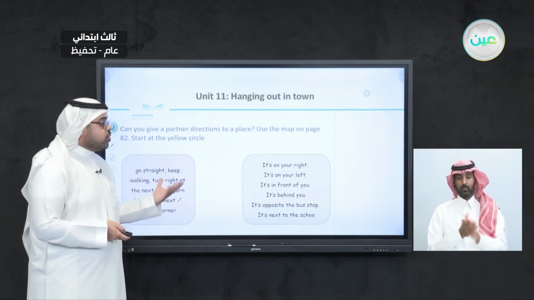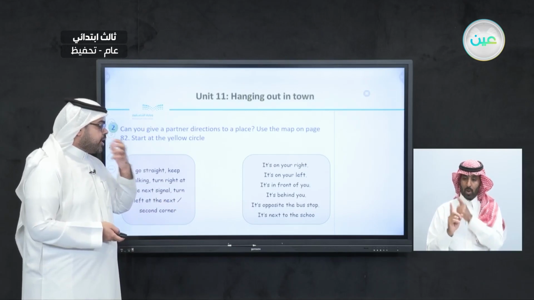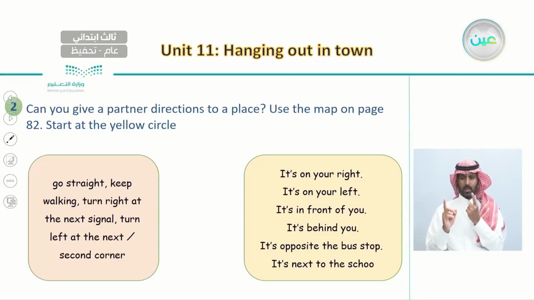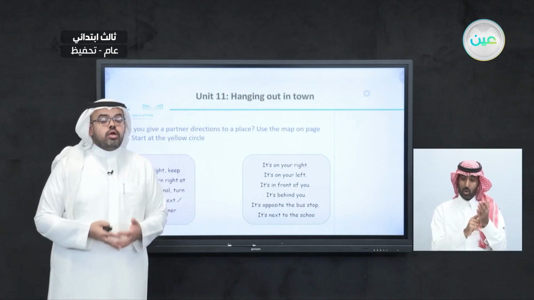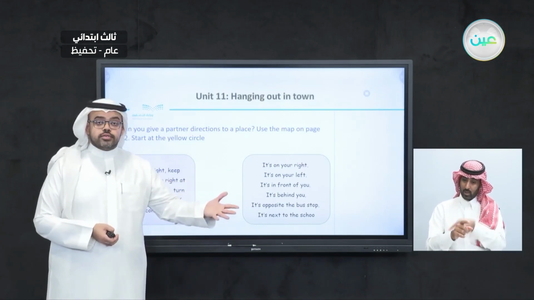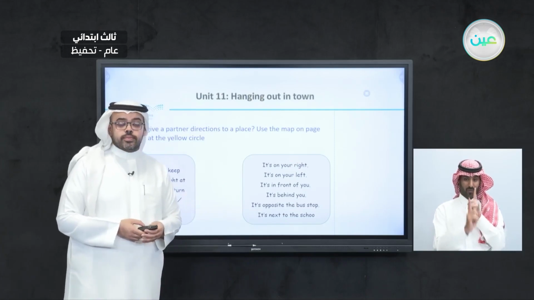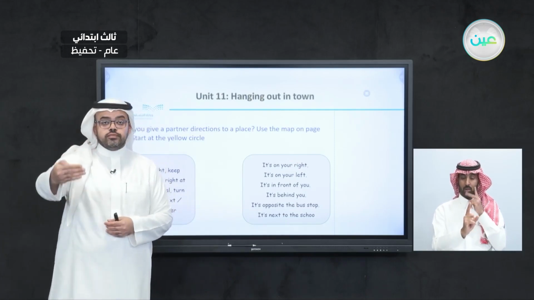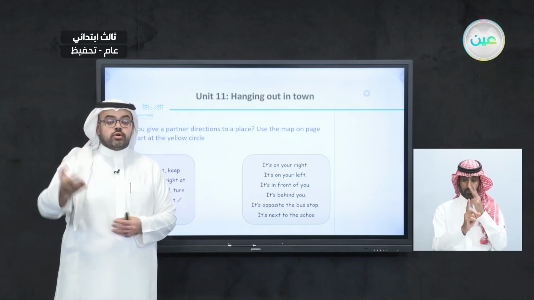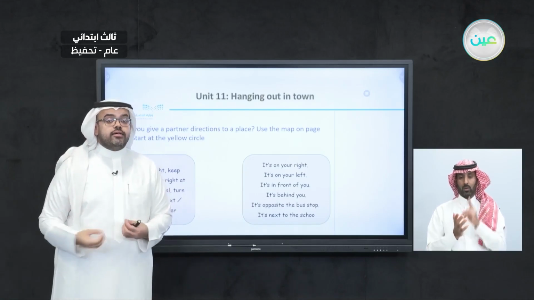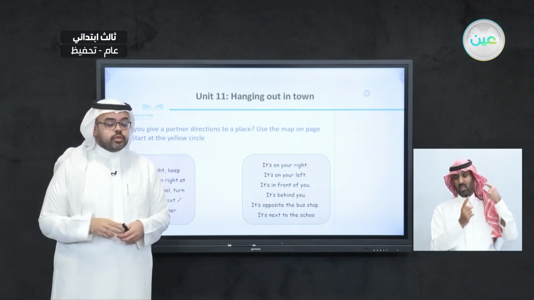And also, when someone asks us where exactly this place is, if it's very near, we can say, it's on your right hand, or it's on your left, or it's in front of you. It is in front of you. You can see it. Or it is behind you.